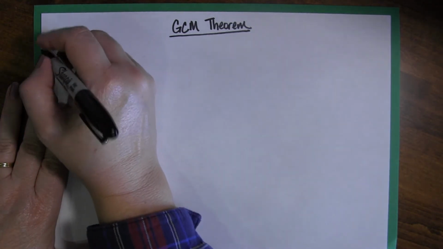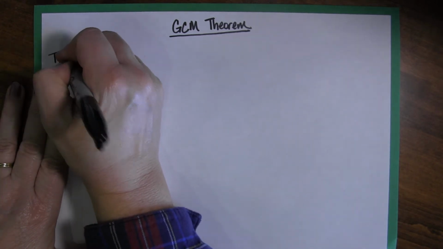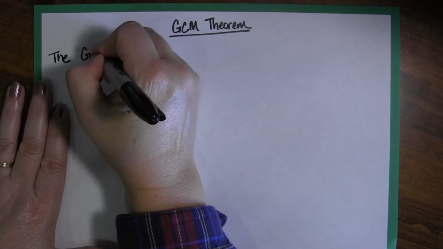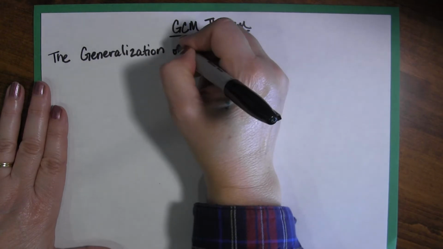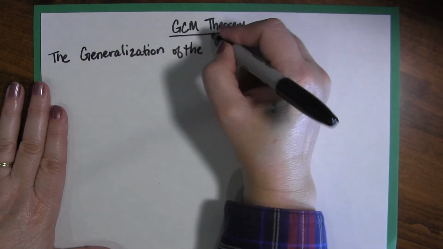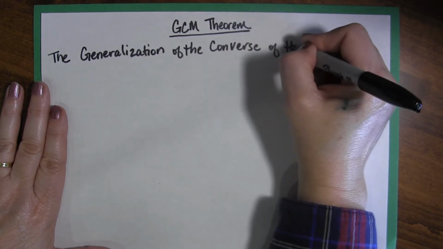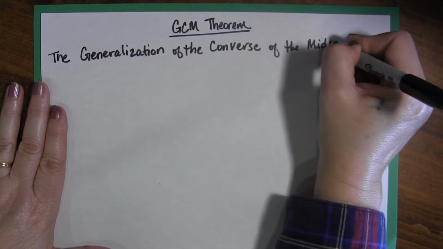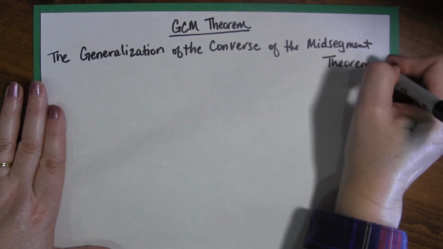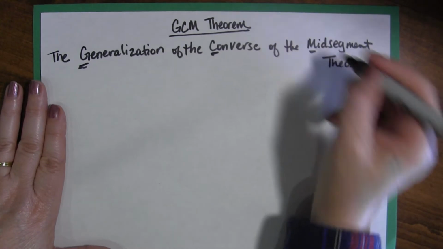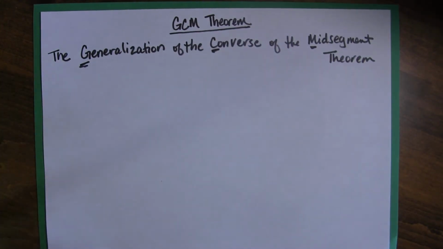Well, it gets even worse, because what it stands for is, don't write this down, the generalization of the converse of the mid-segment theorem. Get it? GCM? That's what it stands for. Yeah, okay, that's ugly, right? Well, wait, it gets worse.